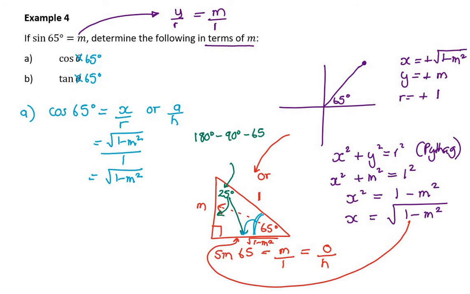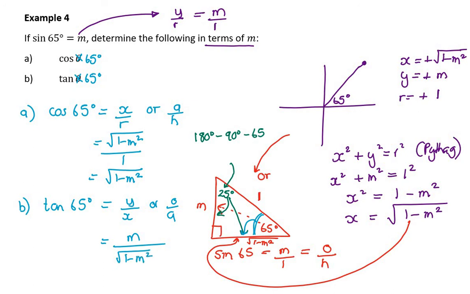It depended which type of method you'd used. Our second question, tan of 65, again, very easy, just different methods. You could have said that's y over x, or you could have said that's opposite over adjacent. Either way, you're going to get the fact that it's m over root 1 minus m squared.